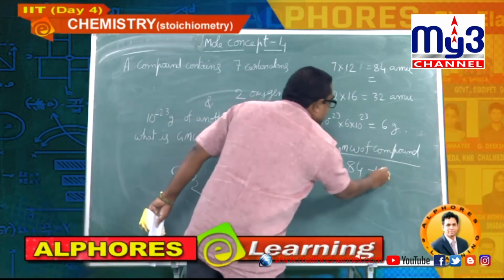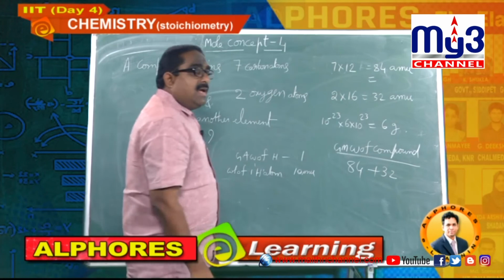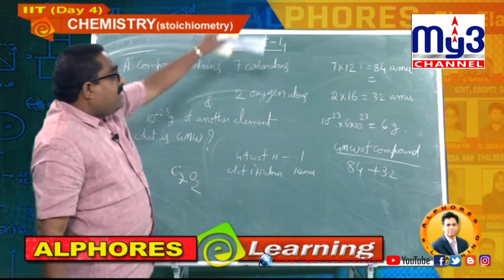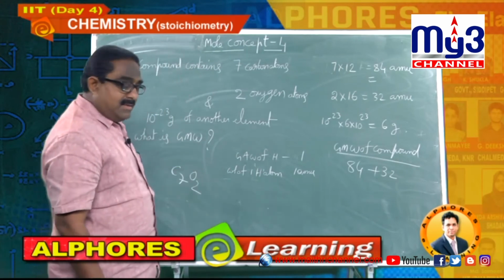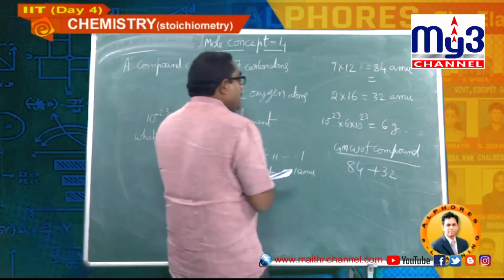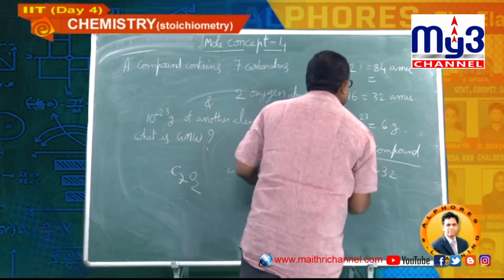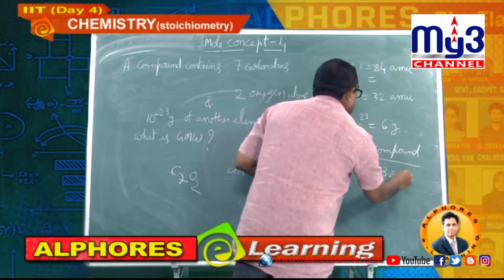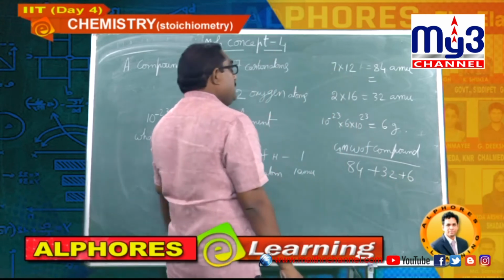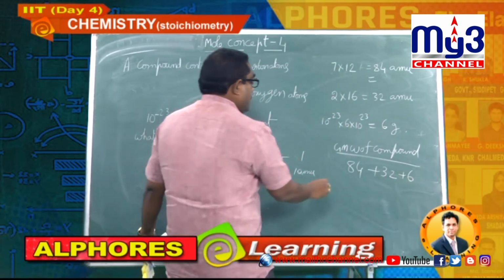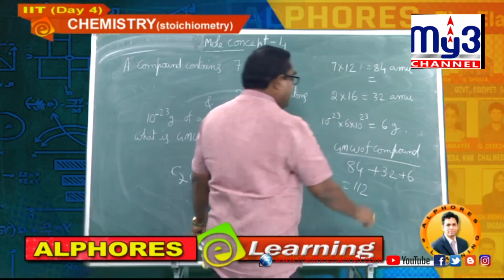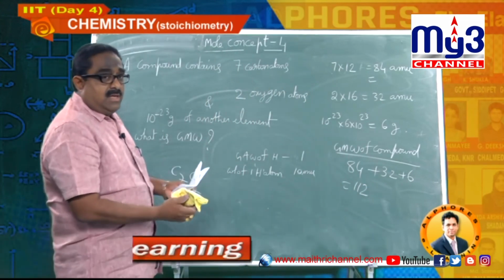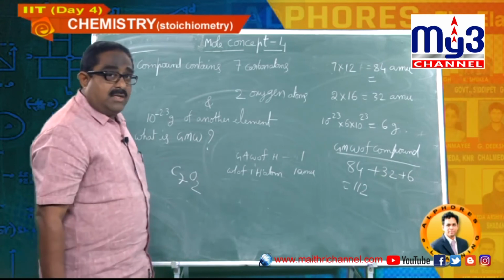So 2 into 16, 32. Don't write AMU here. Here I am writing GMW, not the mass of one molecule. This is 6. So 38 plus 84 comes around 112. So this is the molar mass of the compound.